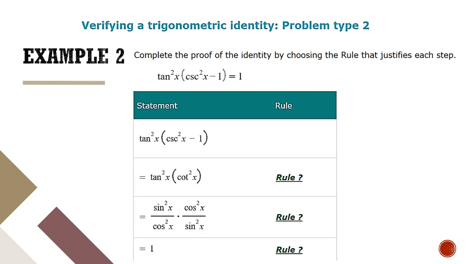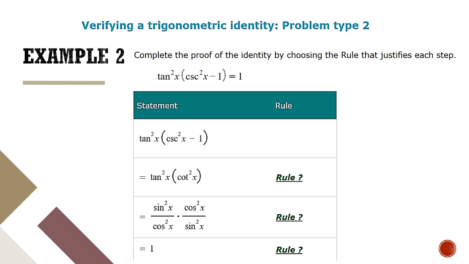So another example here is, again, we're just writing down the rule. Eventually we'll do all of them, so you're going to have to do this side and this side, but this is just a use of how the rules apply. So how do I get this is equal to 1? Well, cosecant squared of x minus 1 turns into cotangent squared. So that is a Pythagorean identity. Remember, cotangent squared plus 1 is equal to cosecant squared, which is that Pythagorean identity.